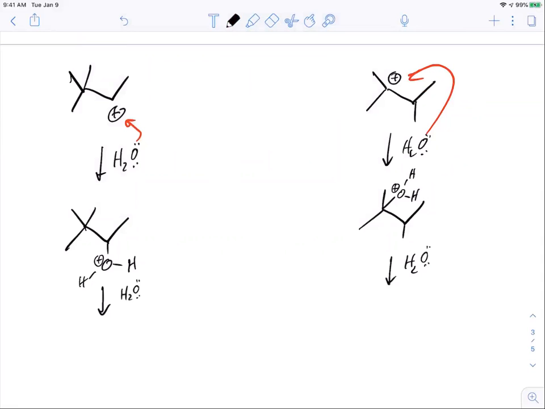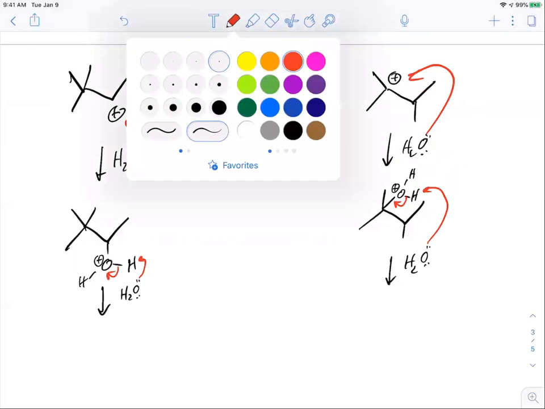Again, this is a solvolysis. My solvent is my nucleophile. So last step, proton transfer.